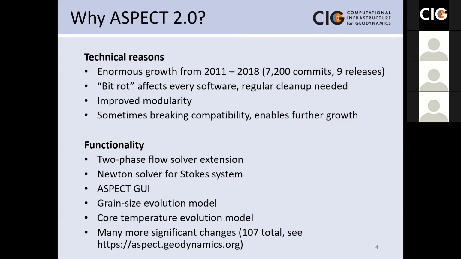We provide a new small standalone program called ASPECT GUI that allows graphically creating input files for the model run. We have a model for grain size evolution, a model for dynamic core temperature evolution, and many, many more significant changes. On our website, you can find 107 significant changes in this version, not to mention all of the small bug fixes and improvements.